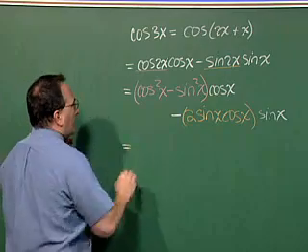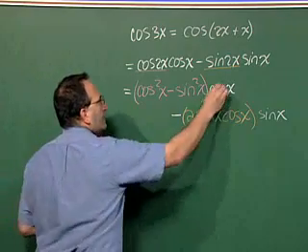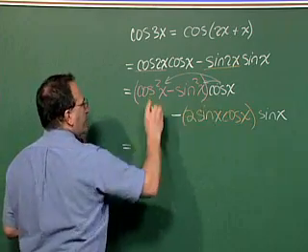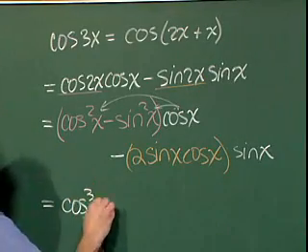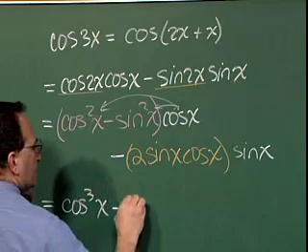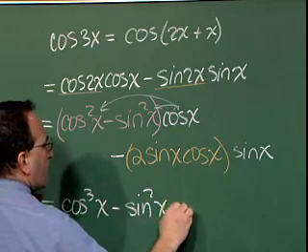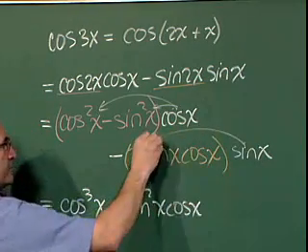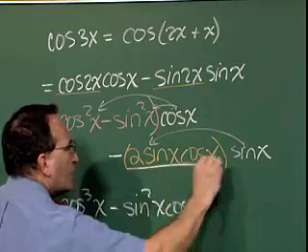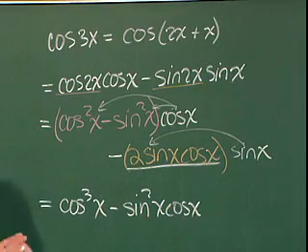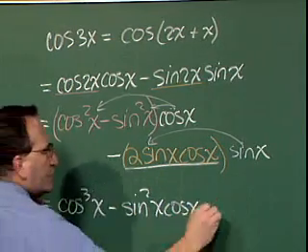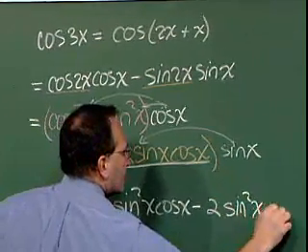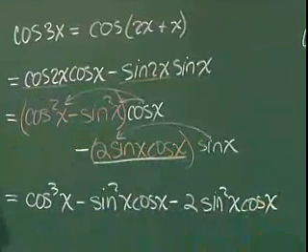So now, let's continue this, and of course we must distribute the cosine x, which gives me cosine cubed x minus sine squared x cosine x. I must also distribute this, but there's only one term there. So I simply get minus 2 sine squared x cosine x.